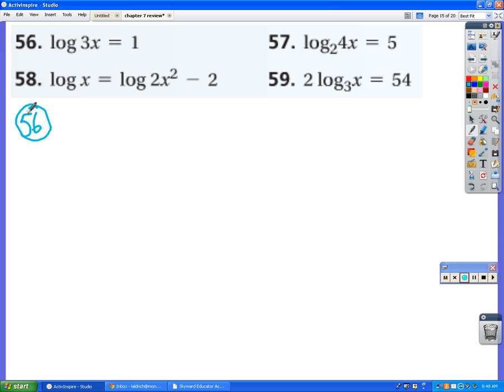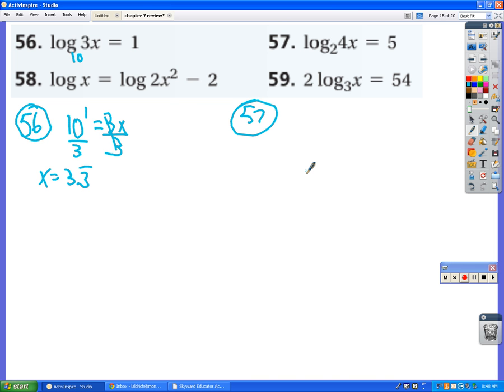What's my base right here? 10. So this number, the base, to this power equals this number right here. 10 to the first equals 3x. So you divide both sides by 3, and x equals 3.3 repeated. That number to that power equals that.